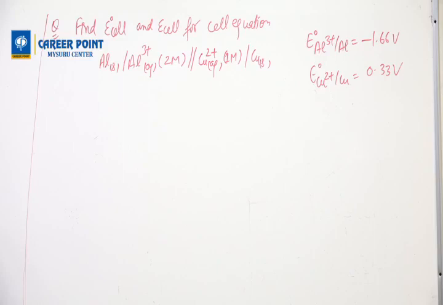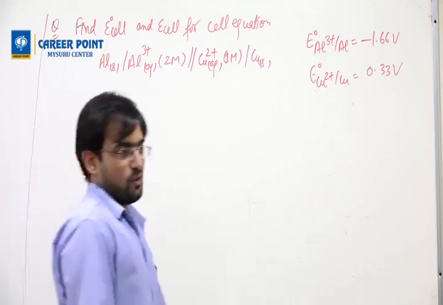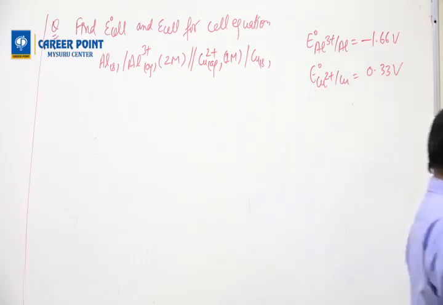E naught cell is 1.9. You need to solve both. Your single answer is not sufficient.